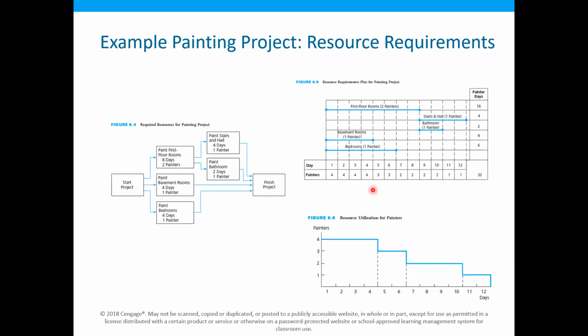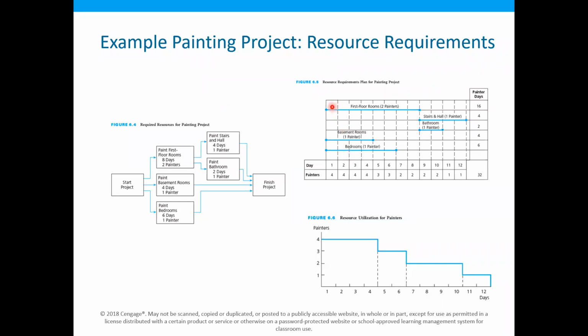Now we have scheduled these activities for their early start time. So now we know that we need two painters for the paint first floor activities, one painter in the basement room, and one painter in the bedroom.